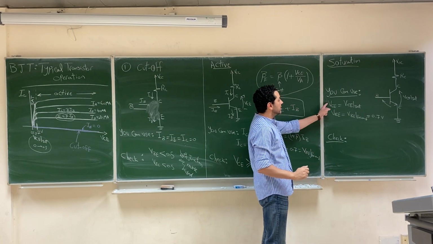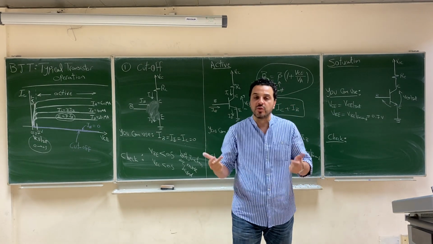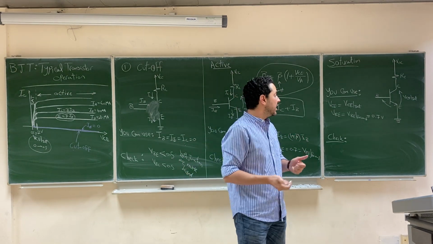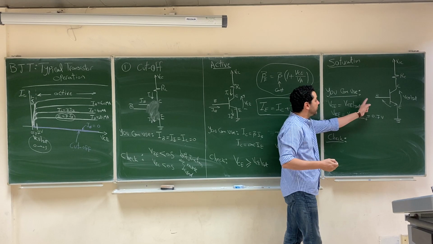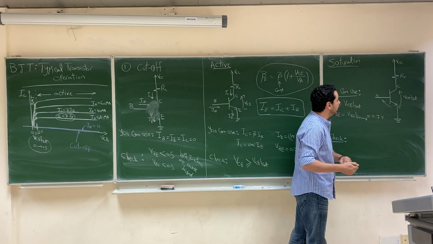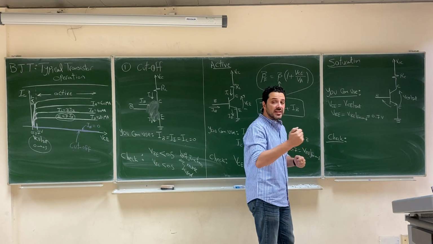So you can use VCE equals VCE saturation, which will be given to you, usually it's 0.2, okay? And you can use VBE equals VBE forward, the forward bias of the base emitter junction, which is usually 0.7.